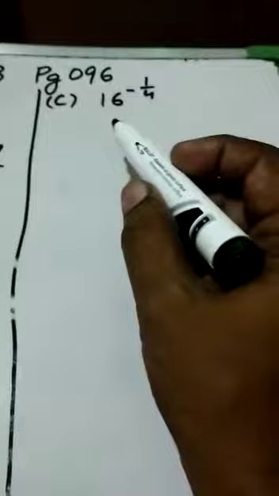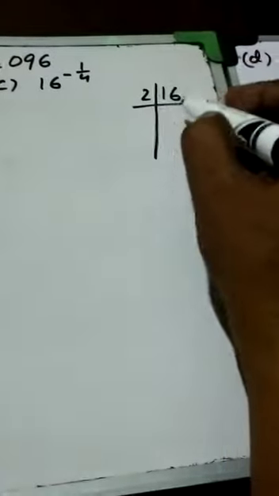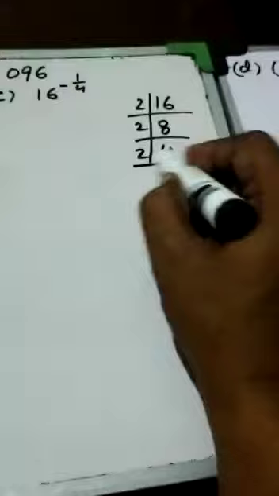Now move to the next part, which is C, and it is 16. 16 means we have to convert it into prime factors. 2 8s are 16, 2 4s are 8, 2 2s are 4, and 2 1s are 2.